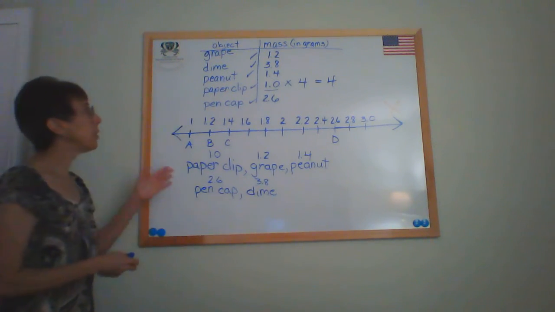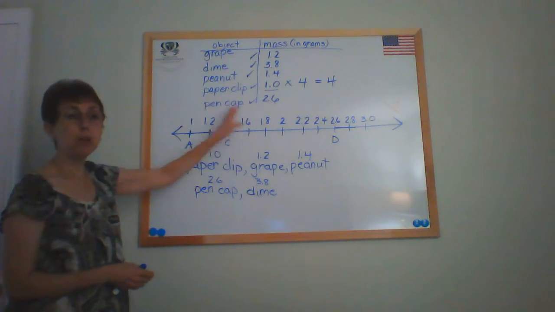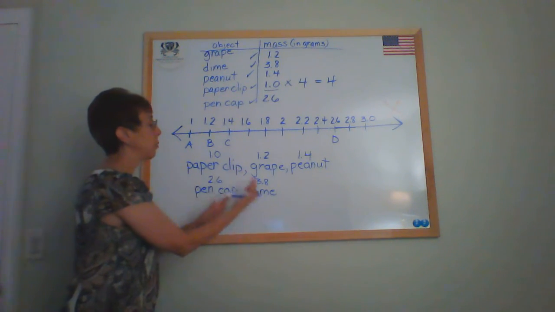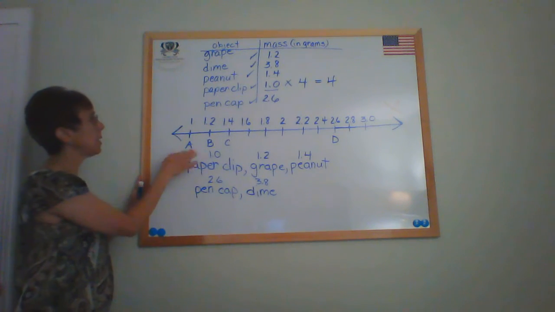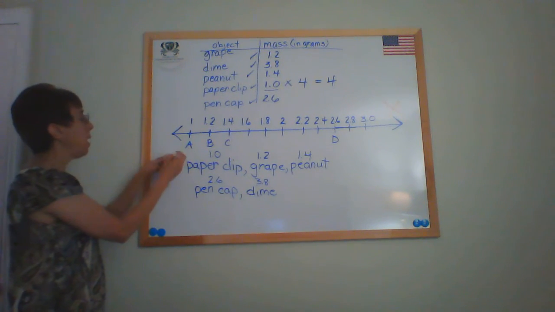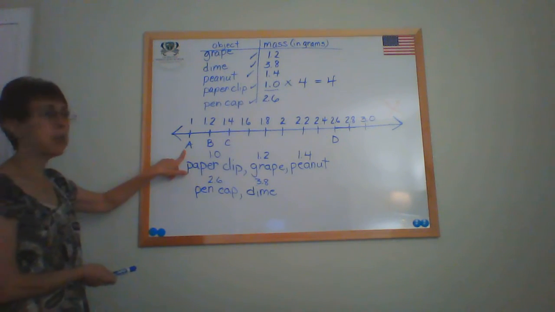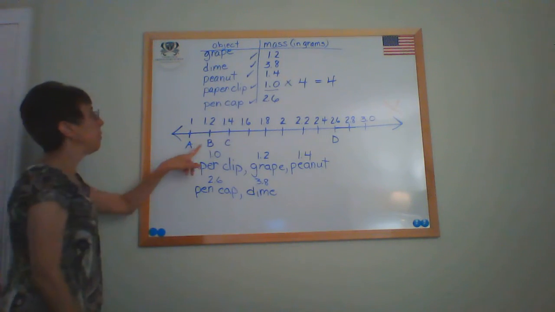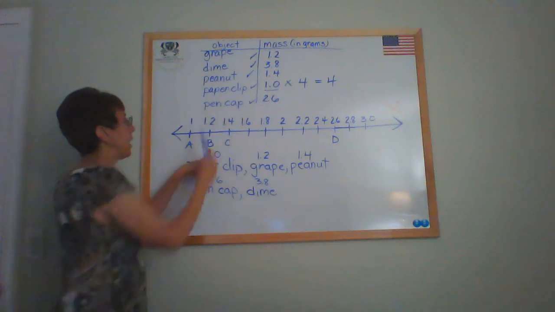So you want to use the whole numbers to help you figure out which is the smallest and which is the greatest. Okay, and then we just take a quick look here. The A on the number line would represent which of our objects? The 1 is the paperclip. We said before that B, since that's 1 and 2 tenths, is the grape.